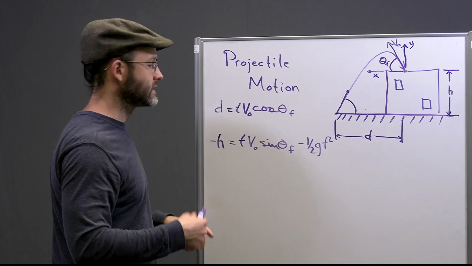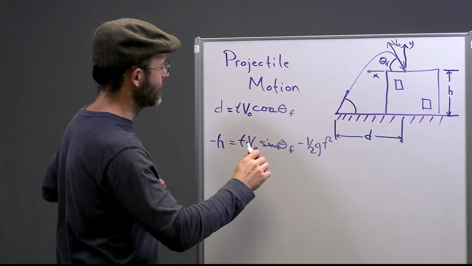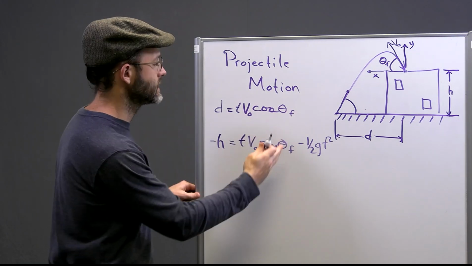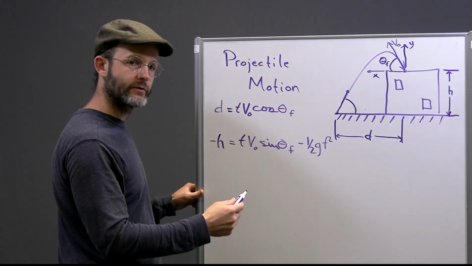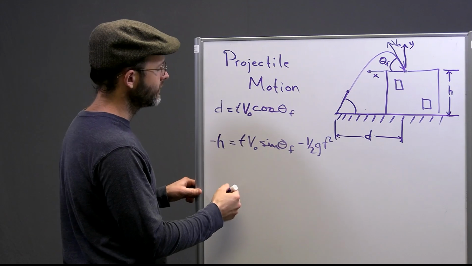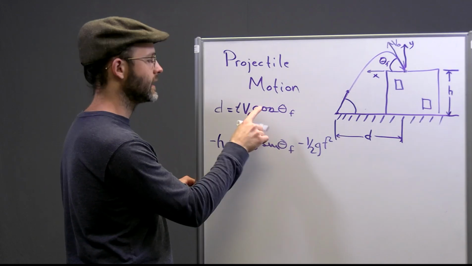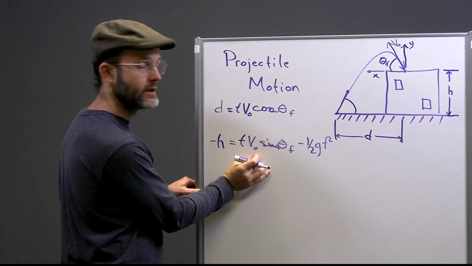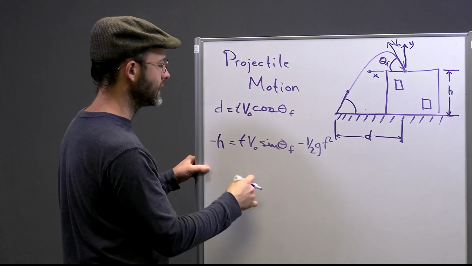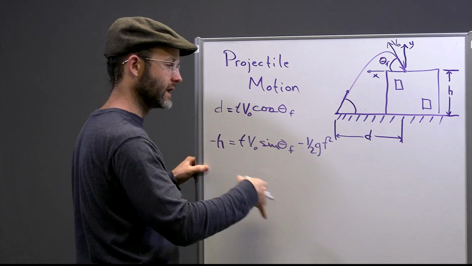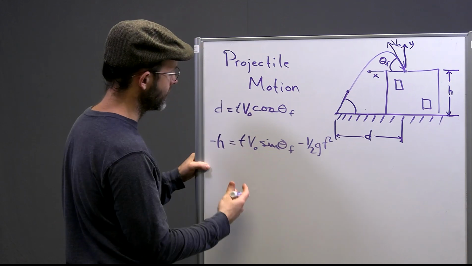I'm going to take a simplest first approach where I regard this first equation as the simplest. It has the least amount of terms. I'm going to rearrange it for v naught, and then substitute that expression into here for this v naught. That will leave d in the equation, which I can then ultimately solve for, which is what I want.